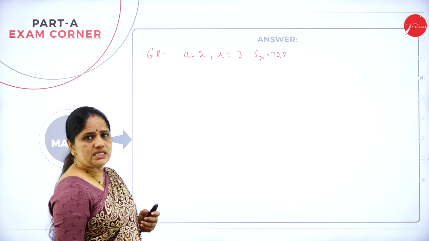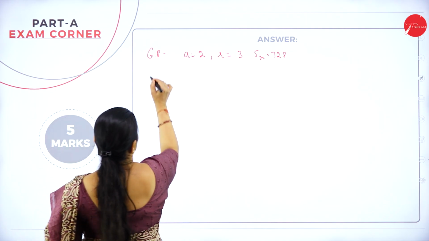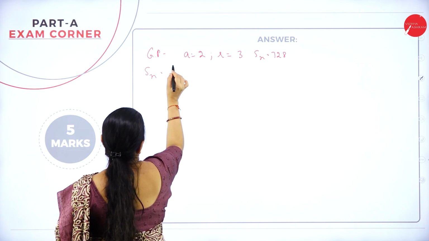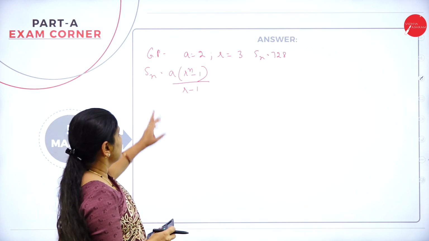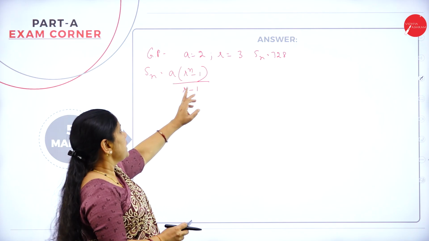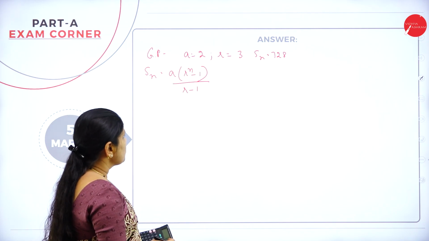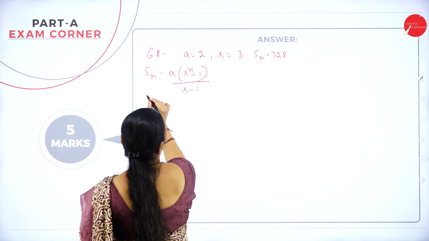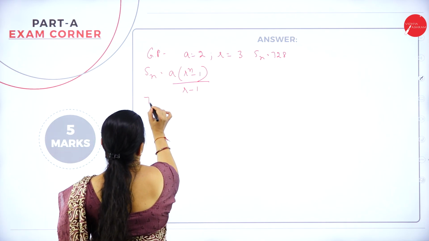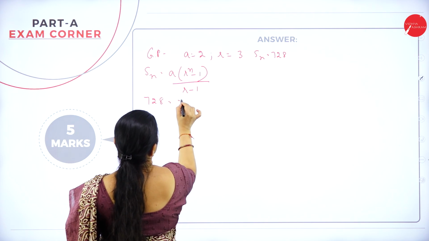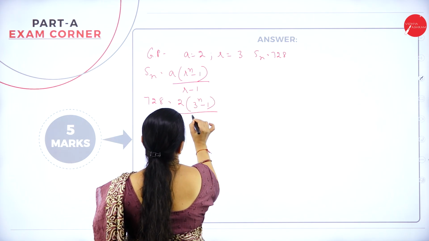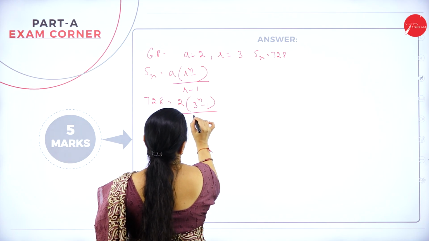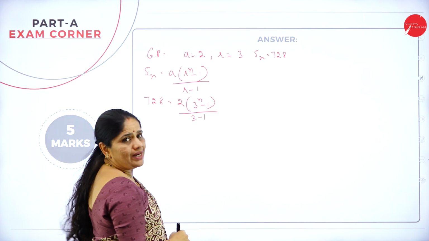So we have to use the formula for Sn equals a into (r to the power n minus 1) divided by r minus 1. So 728 equals 2 into (3 to the power n minus 1) divided by 3 minus 1.